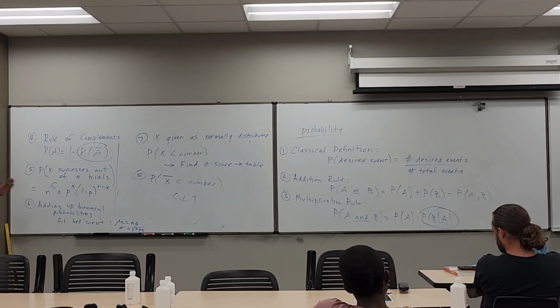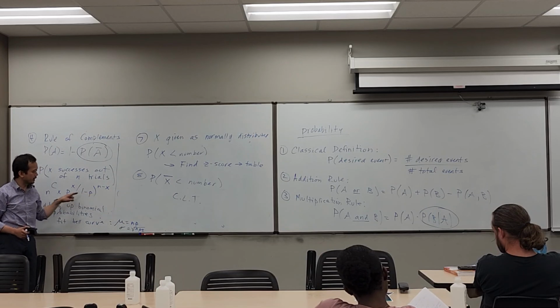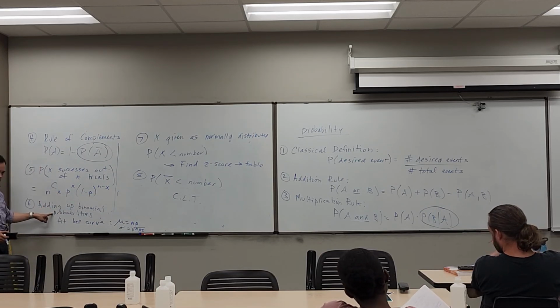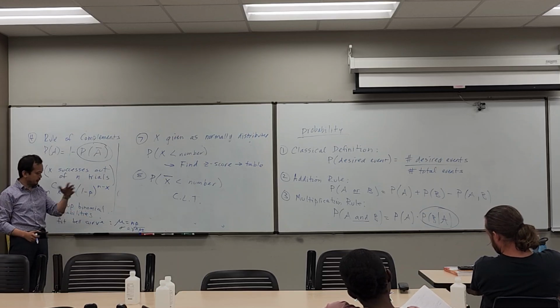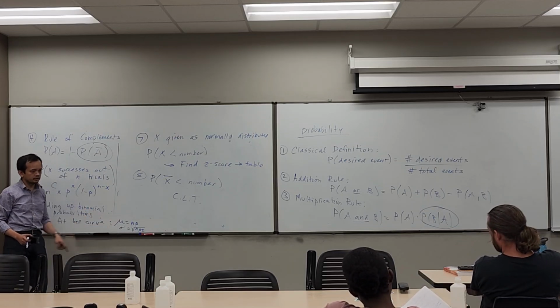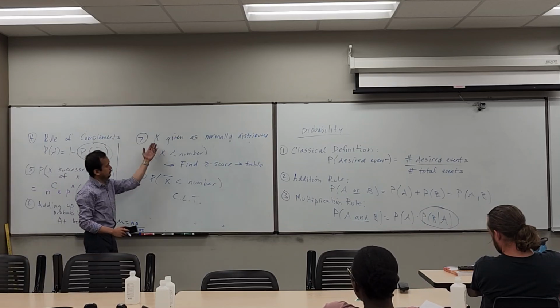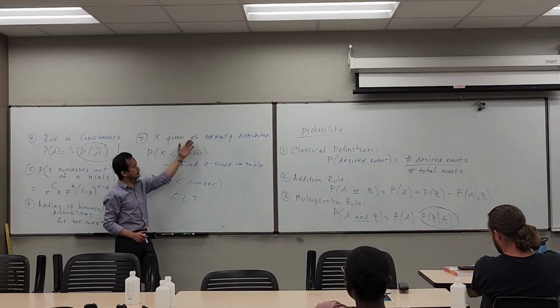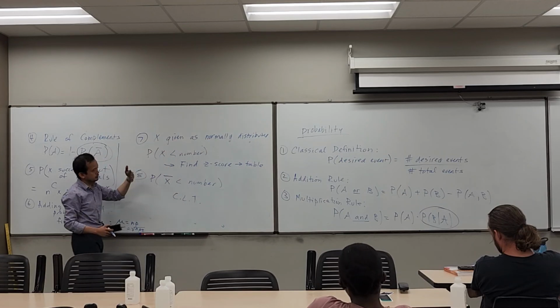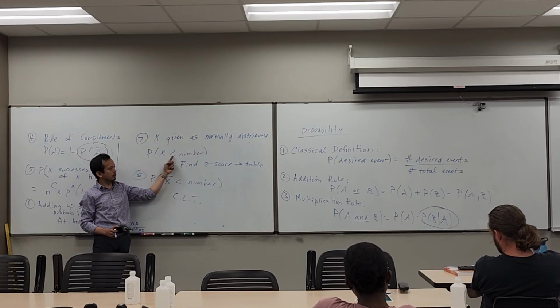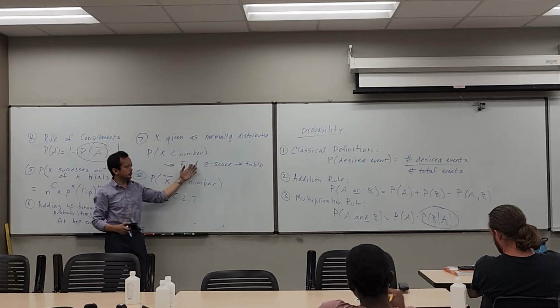If you find yourself adding up multiple binomial probabilities and using this formula over and over and adding them up, then you would fit a bell curve onto the underlying distribution instead and calculate the z-score using this mean and the standard deviation. If your variable is told as being normally distributed, and you're just trying to find the probability that variable is less than or greater than the number, then you find the z-score, look it up in the table.